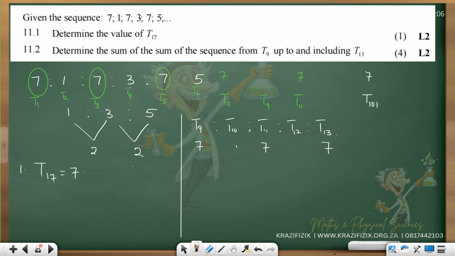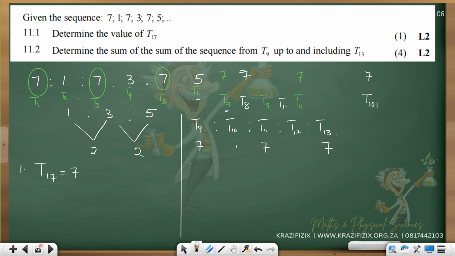I'm sure we can get T10. What will your T10 be? Okay, if you want to use mathematical methods, we can find Tn. You can even do it manually if you see. Because look, this is 5, T6, T7. What is T8 going to be? 1, 3, 5, 7.